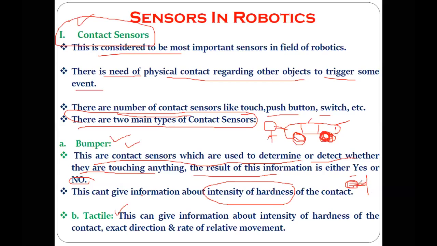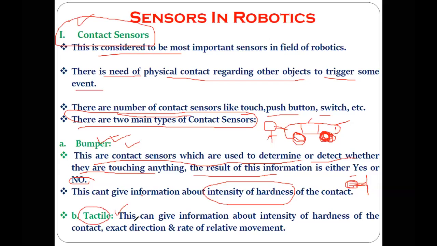How hard it is touching the wall is not given by the bumper sensor. The bumper sensor will give you the idea of whether it is touching. Understood? How hard the car hits the wall, that idea will not be given by the bumper sensor. That idea will be given by whom?